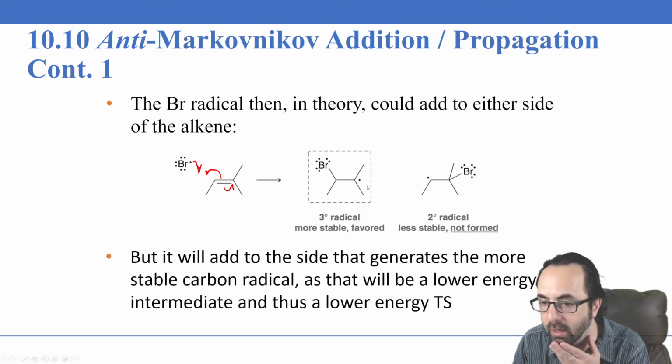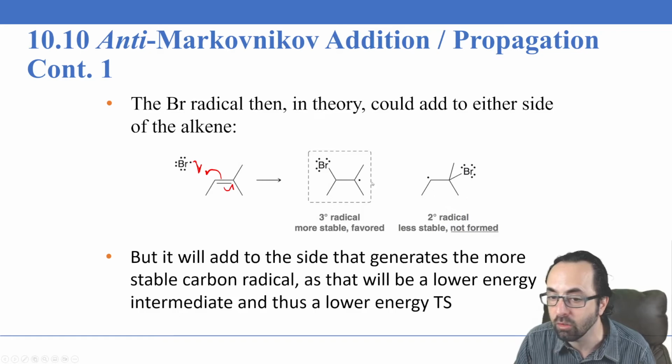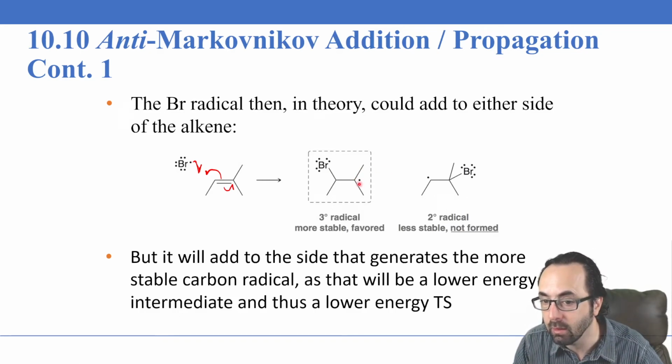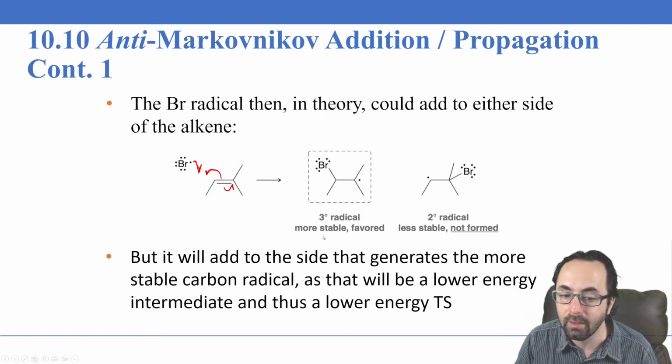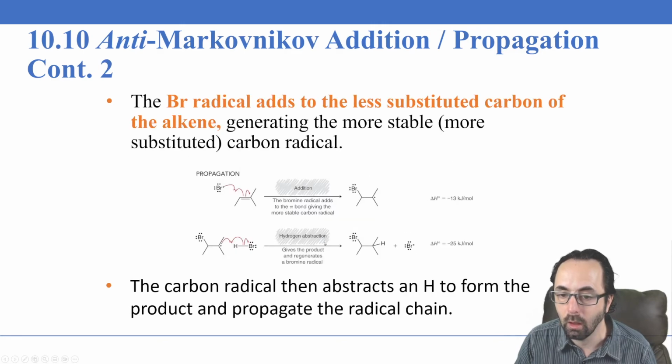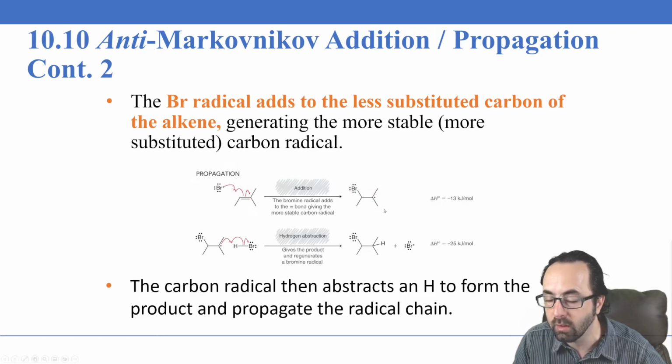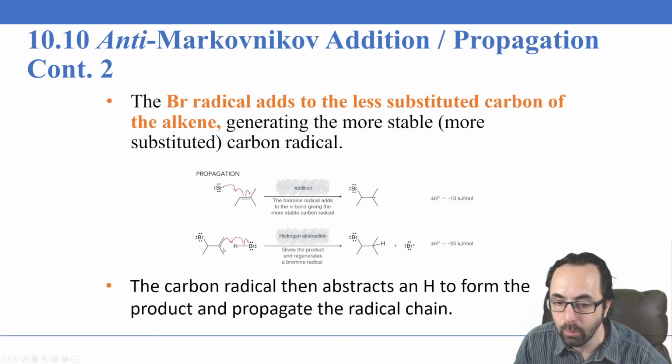And so at that point, the last step for the addition is just a hydrogen abstraction to finally make this into a bond. But you can already see that the bromine is attached at the less substituted position. So finally, that's the propagation step. Just as I drew there, we get the addition of the bromine atom, produce the tertiary radical intermediate, and then we have a hydrogen abstraction from the HBr.